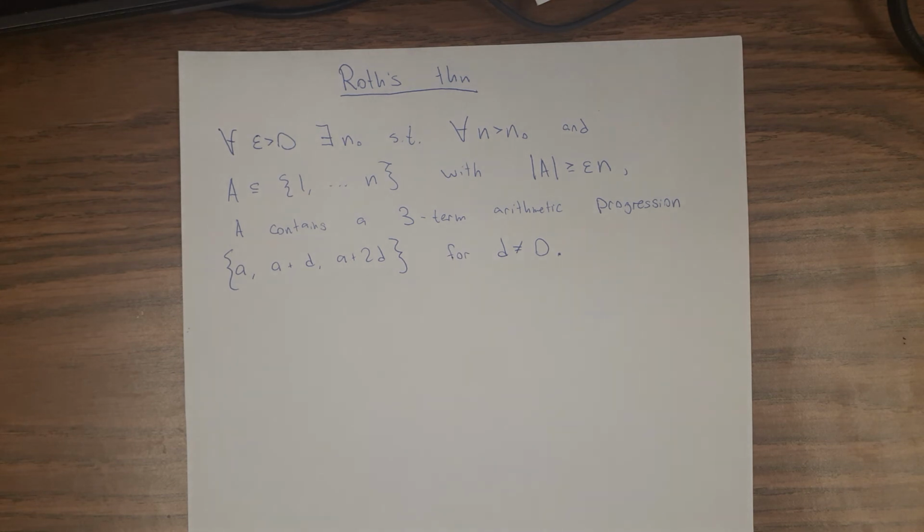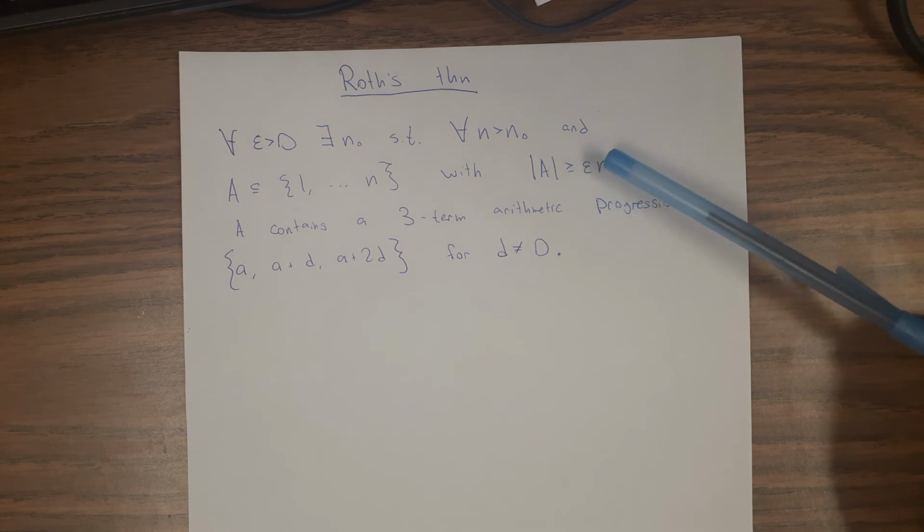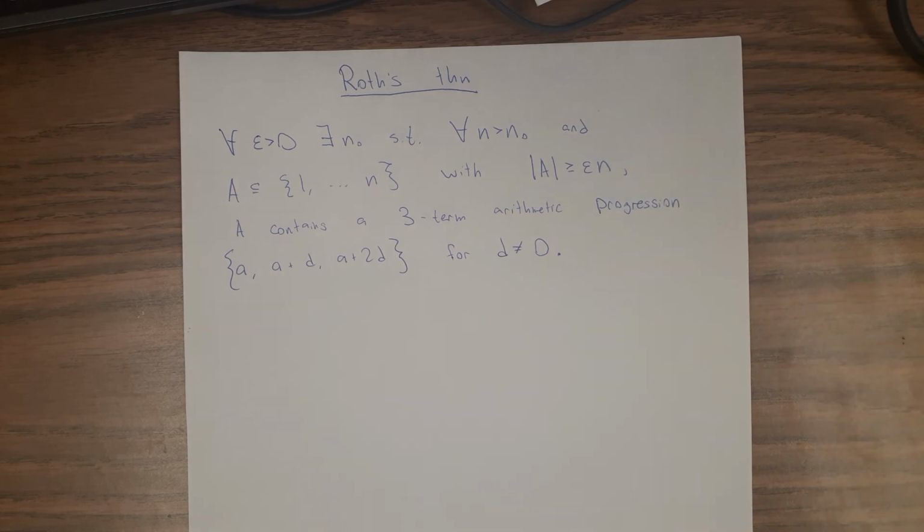For all epsilon greater than 0, and for all sufficiently large n, whenever you take a subset A of the integers from 1 to n that has density epsilon, and we may have noticed we're using the word density a lot lately, I just mean that the proportion of elements that are in A is at least epsilon. Then any such set has a 3-term arithmetic progression.